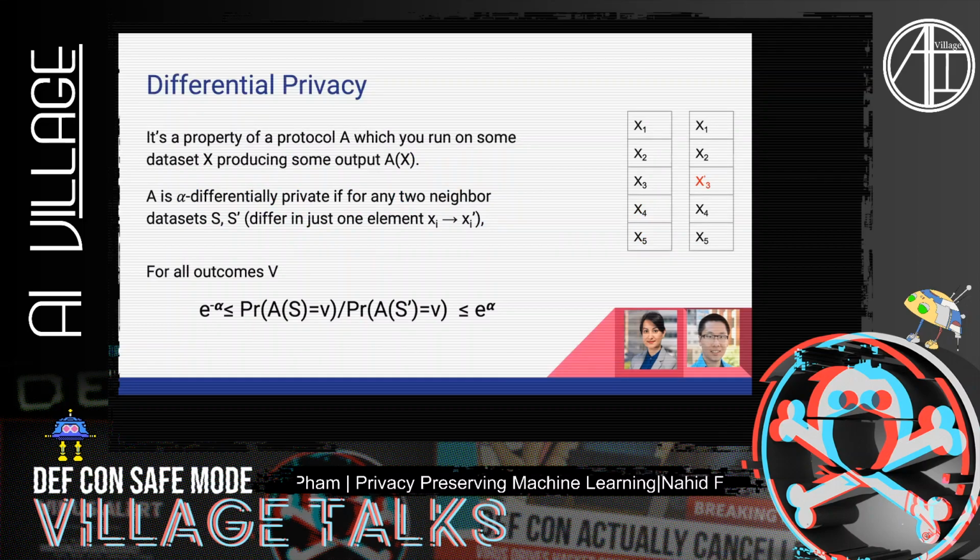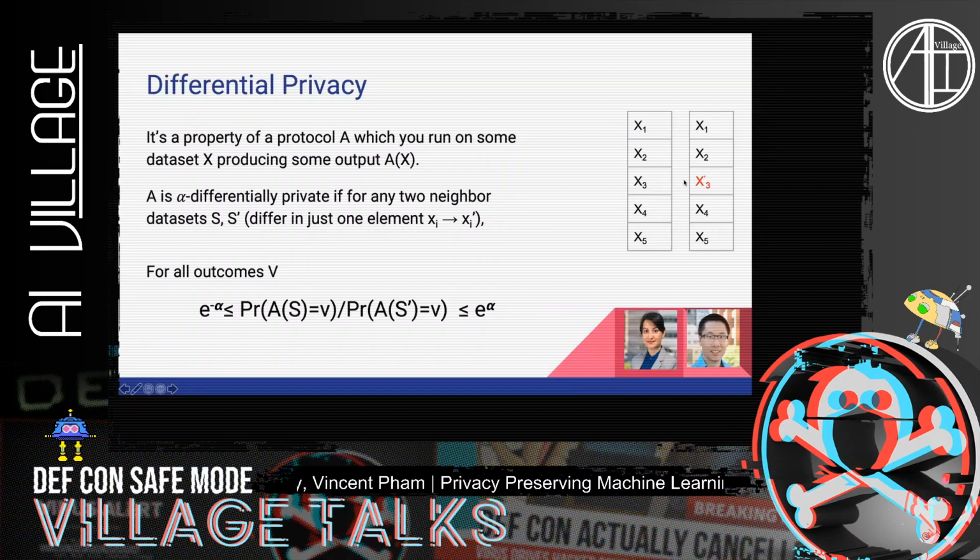So looking again at differential privacy, you see here that we have two data sets. We call these neighbor data sets, meaning that all of the features in both data sets are equal except for one feature. Here, it is x3 and x3 prime.